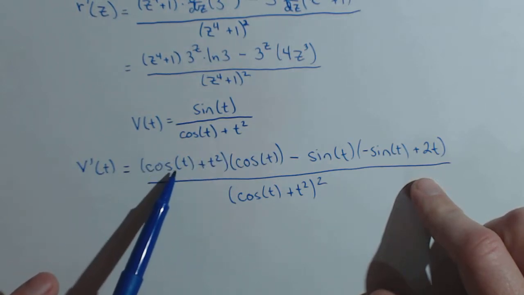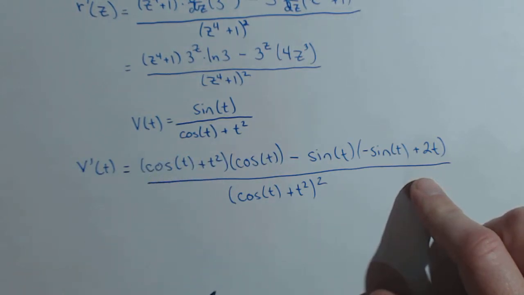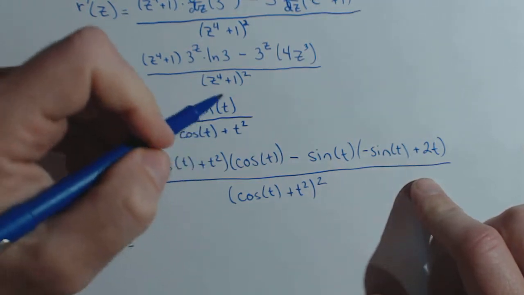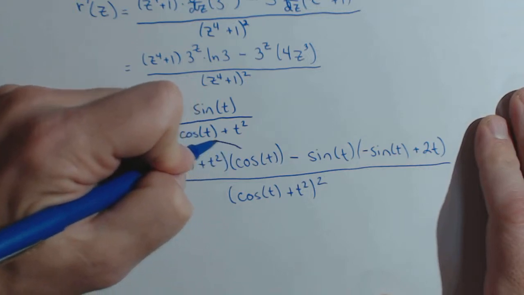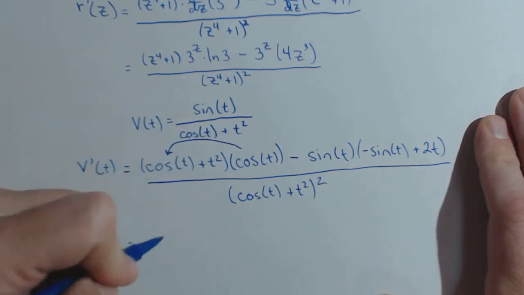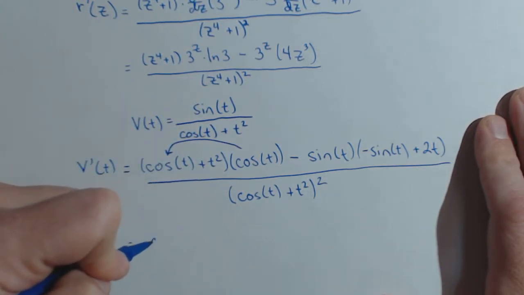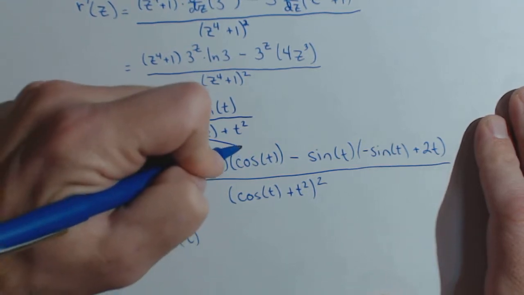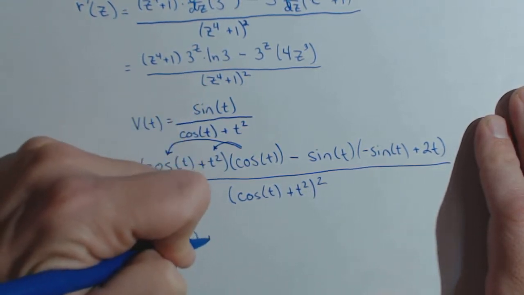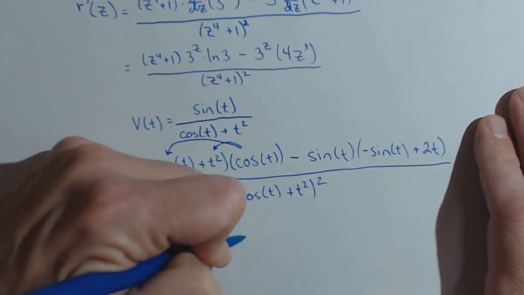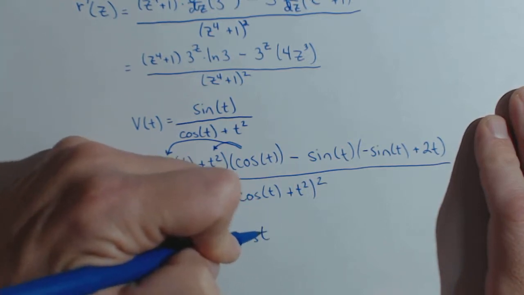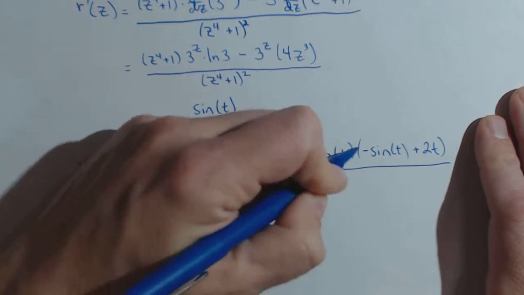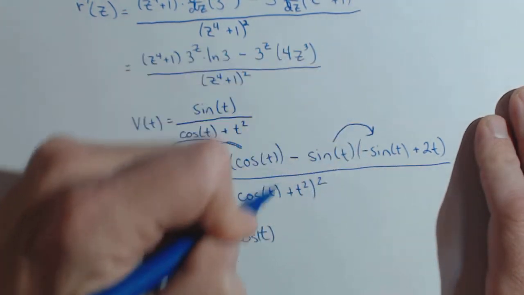We could distribute the cosine and see what's going to happen. Let's go ahead and do that, because sometimes some interesting things can happen. So, distributing that cosine, we get a cosine squared t plus t squared cosine of t. Here's where things will get a little interesting.